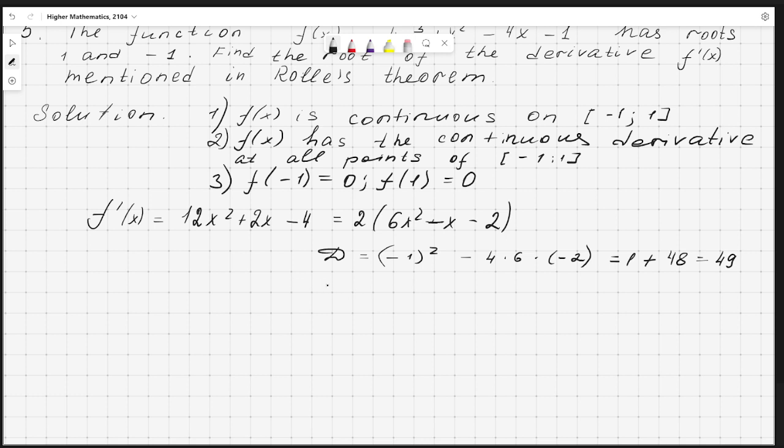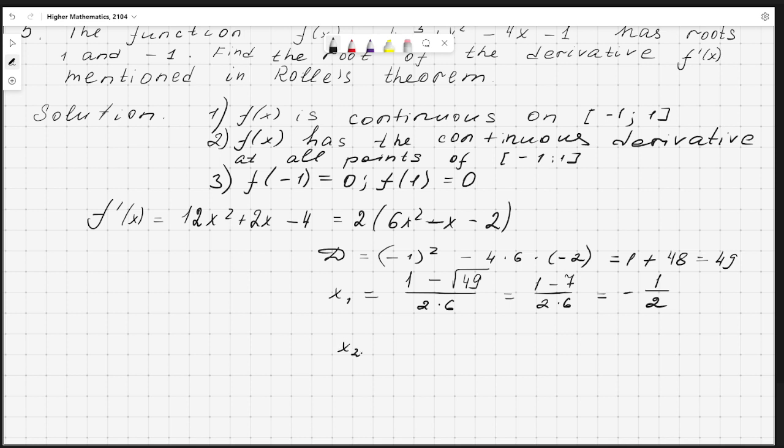X first equals 1 minus square root of 49 over 2 times 6, it means minus 1 over 2.